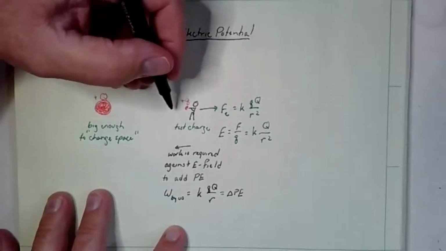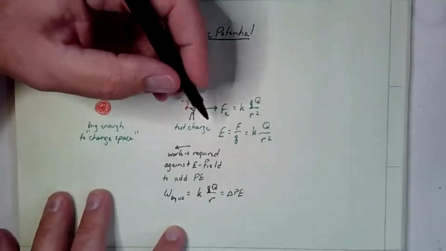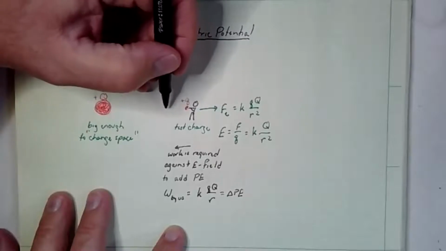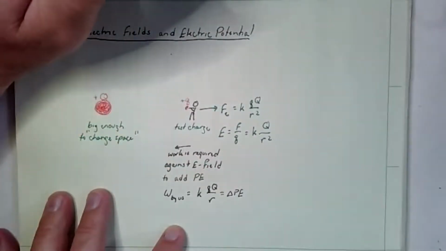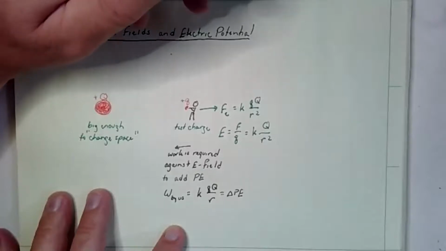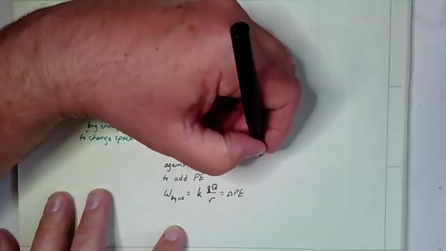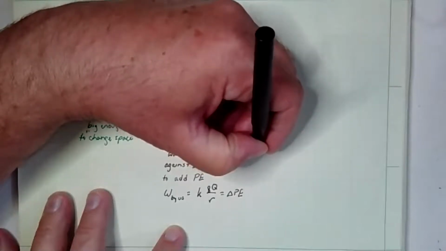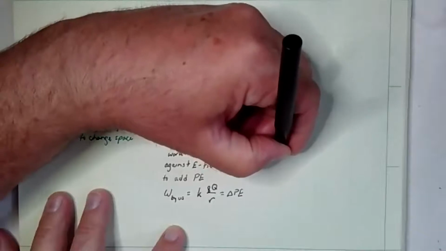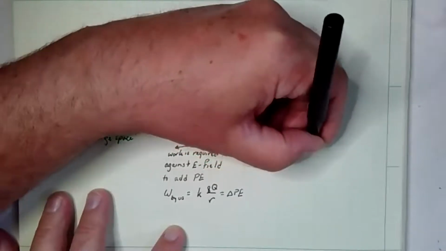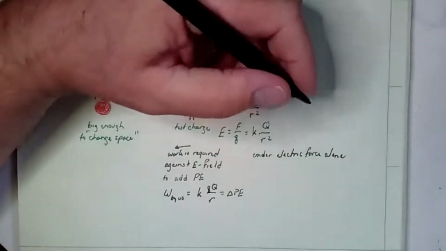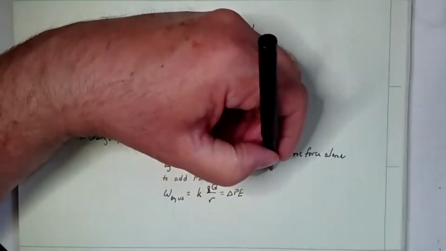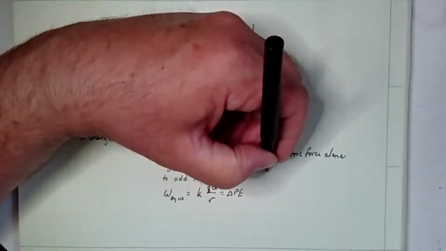Now, if we slip and drop this positive charge, it's going to run away. And just like if we were pushing a rock uphill and we drop it, it's going to roll away downhill. And then it'll lose potential energy, but that loss in potential energy becomes kinetic energy. So if we drop it, so under electric force alone, then conservation of energy holds.